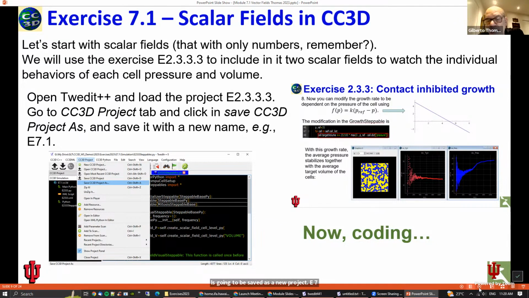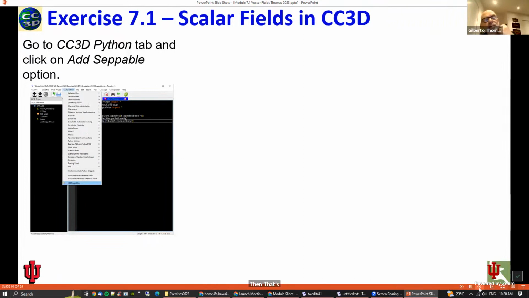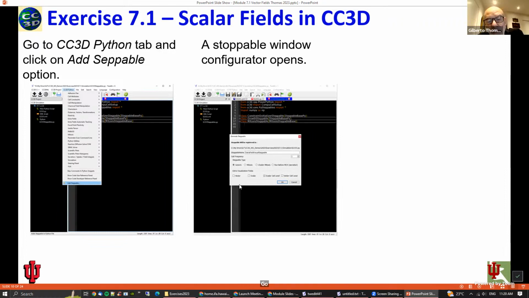Then let's go to the code. Let's see how it works. Here, when you open the exercise, you go to the steppable file, go to add steppable, and a secondary window will open, a pop-up window, where you define the name of the steppable and what kind of implementation field you want to include.